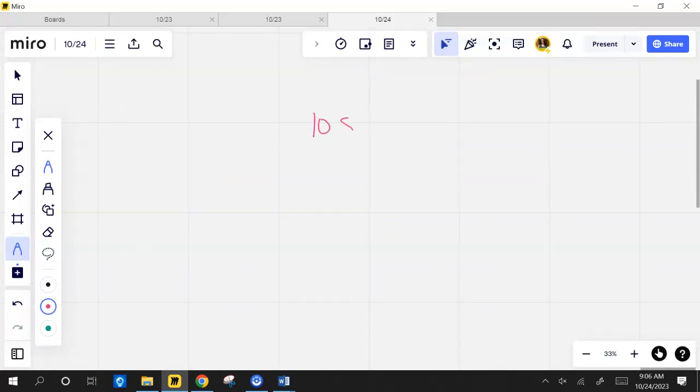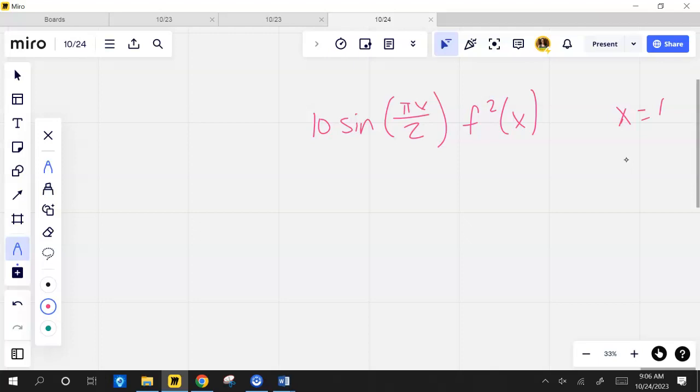Okay. 10 sine pi x over 2. It's okay. Tell me where you think you start. Possibly. What are you trying to plug in?